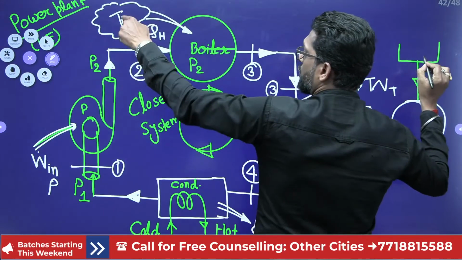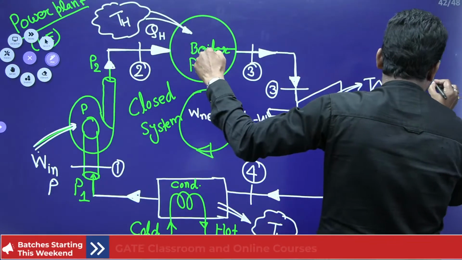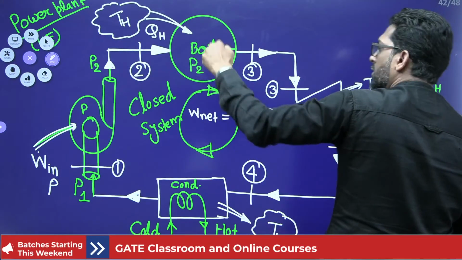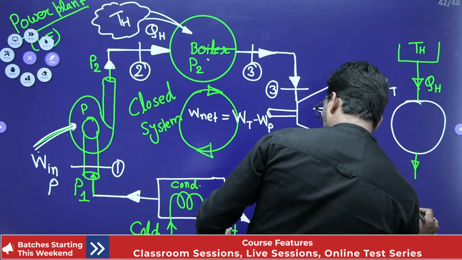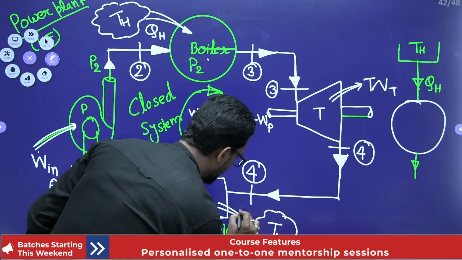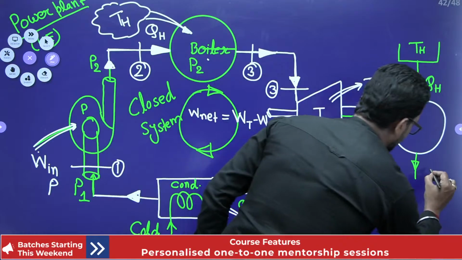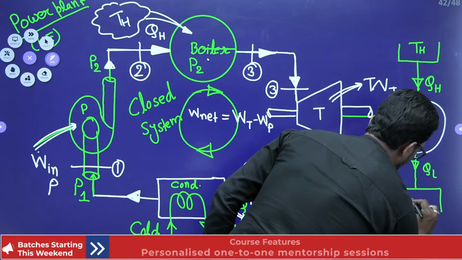From this source TH, supply QH, and reject heat QL at a temperature TL.